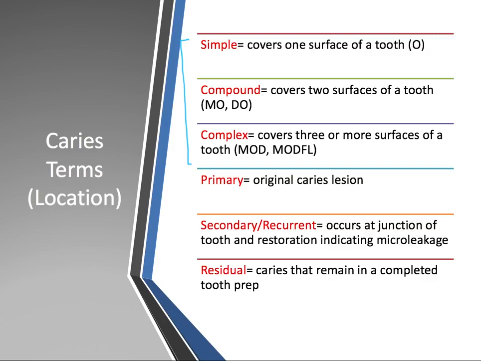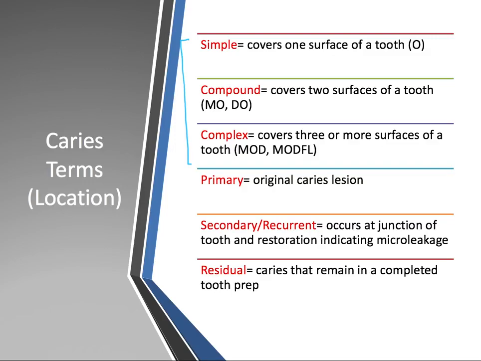Down here we have the primary caries lesion. A primary lesion is the original caries lesion. So in other words, it's the first lesion on that surface. You have a virgin tooth that's never been affected by a cavity before. You notice a cavity on the occlusal surface of it. That's a primary lesion.